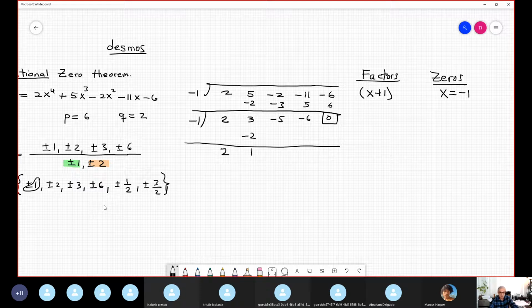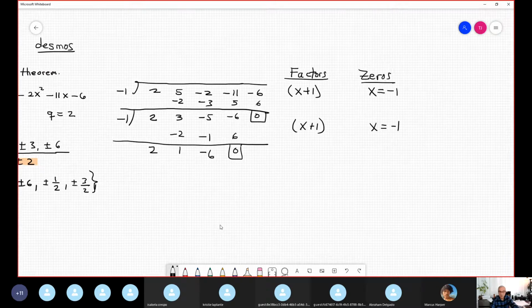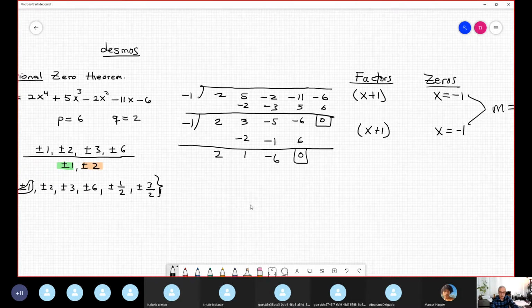This is 1. Multiplication is -1. This is -6. Multiplication is +6. 0. Okay, so the factor x plus 1 is repeated. And the zero is -1. So that means that at -1 we have a zero of multiplicity 2, no? Bueno, so far, I don't know if -1 continues, but no -1 anymore.